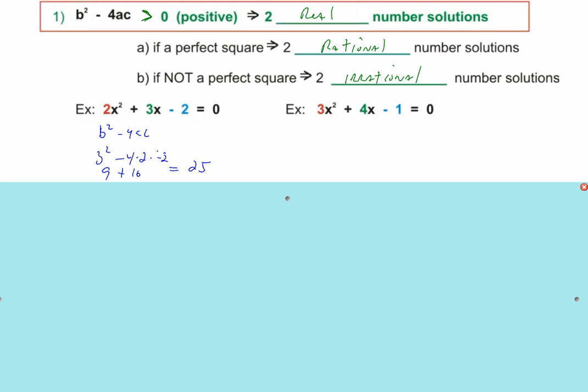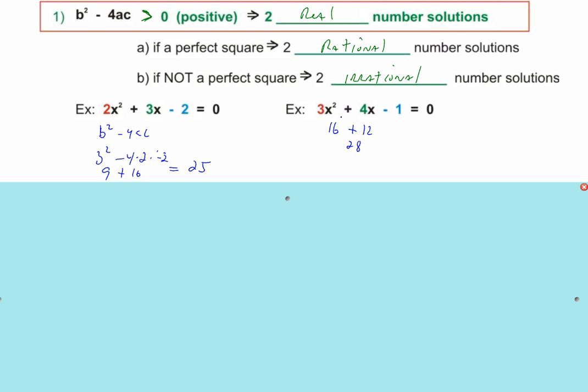So just do them both, and then we'll figure out what type of solution. I'm going to skip some steps for time's sake. Should have gotten 25 for the first one, and 28 for the second one. Anybody agree?